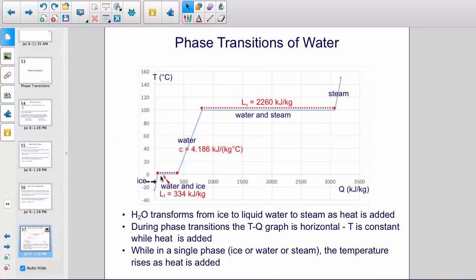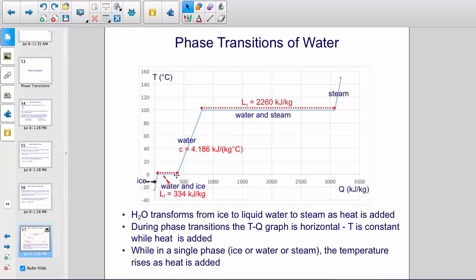Here's the temperature versus heat diagram for water. The diagram starts with ice at a temperature of about -25 degrees Celsius. As heat is added, you can see the ice increases in temperature until it reaches 0 degrees Celsius. After that, the addition of heat doesn't increase the temperature, but converts the ice into water.